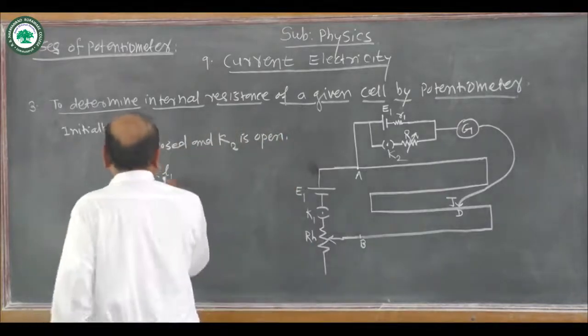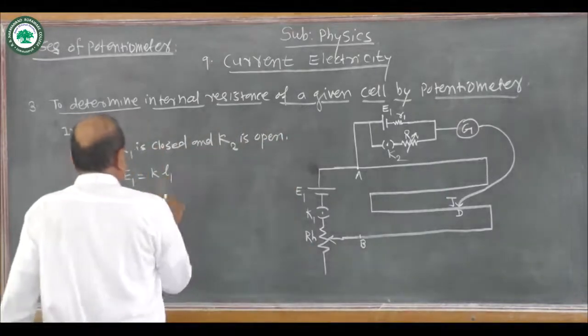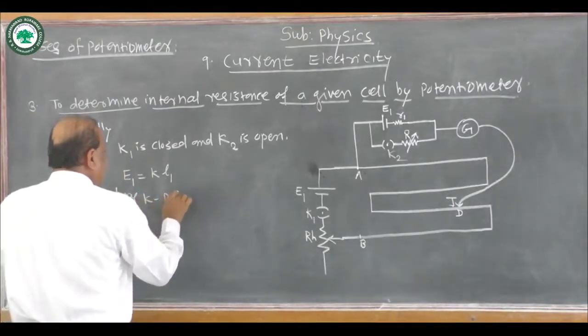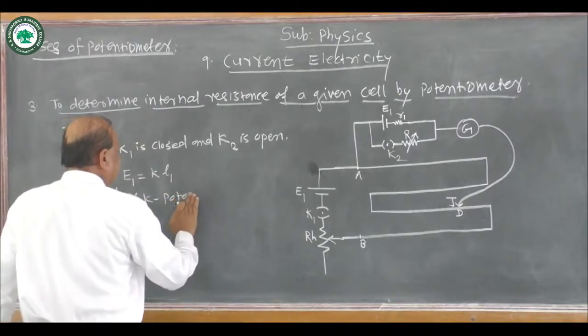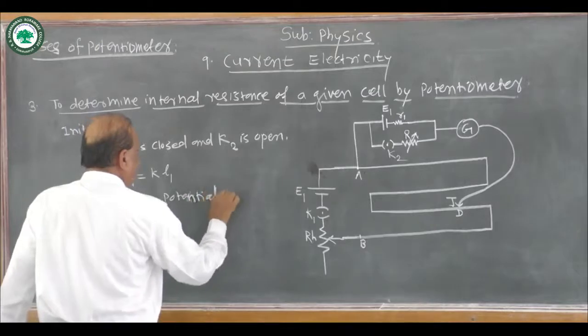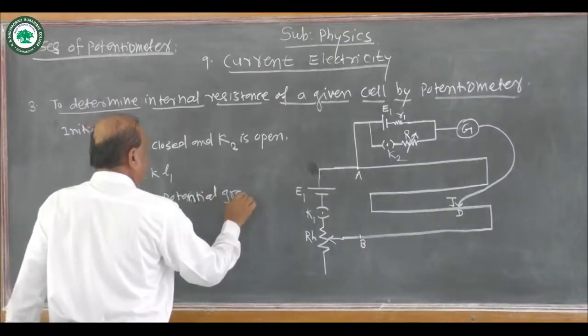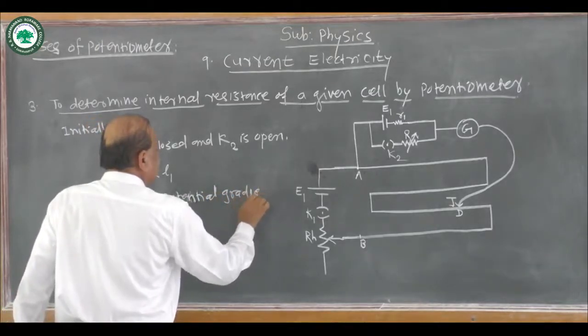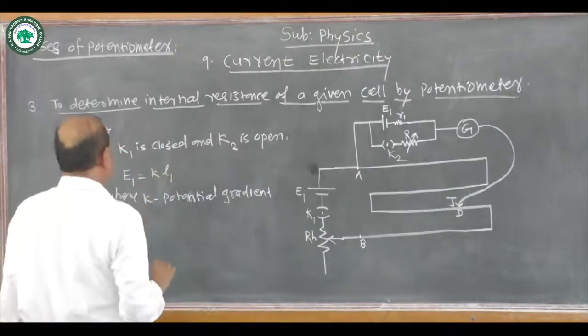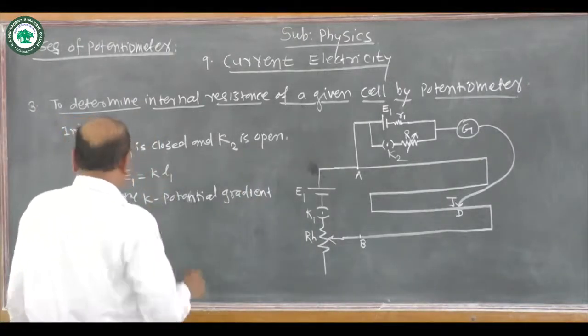Therefore, E1 is equal to KL1, where K is the potential gradient, which is a constant.